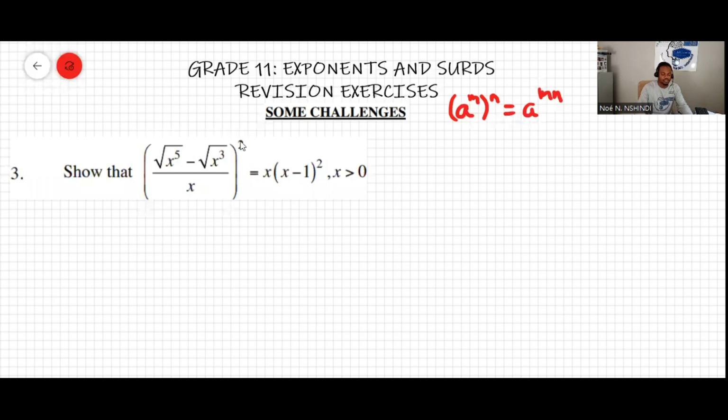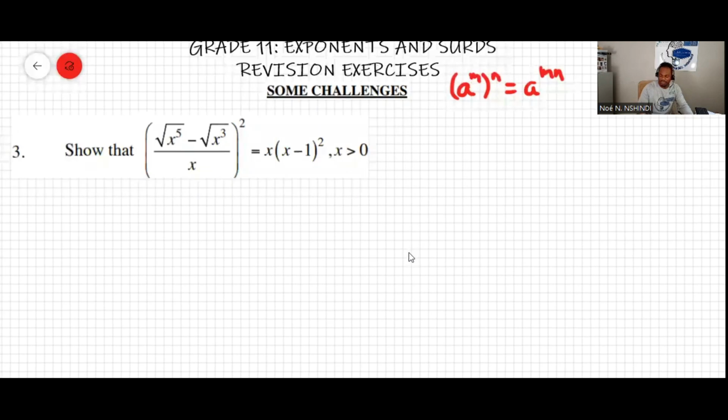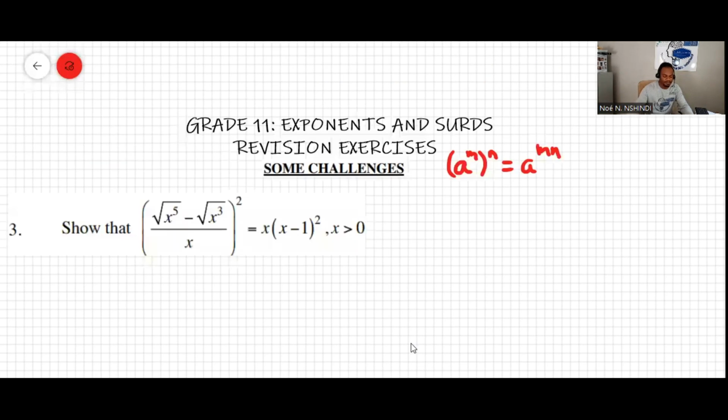Question 3 says that show that this expression on the left hand side is equal to the expression on the right hand side. Now let's prove it. We can rewrite the square root in exponential form. Note that the nth root of a to the power of m equals a to the m over n.